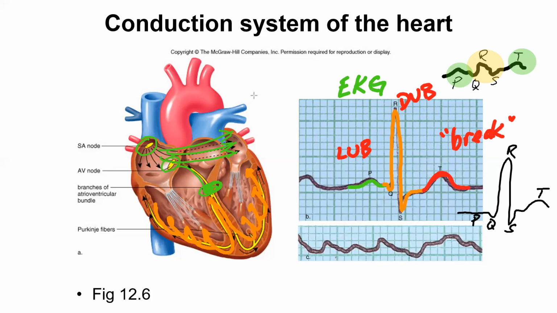Isa? The T looks abnormal? Okay, maybe. I was really trying to make sure that the P looked very flat as opposed to this one, which has a little bit of a bump. So if the P wave is flat, then that means something's wrong with the atria contracting, because that's atrial depolarization from your last slide. So you can sort of identify what area of the heart is malfunctioning.